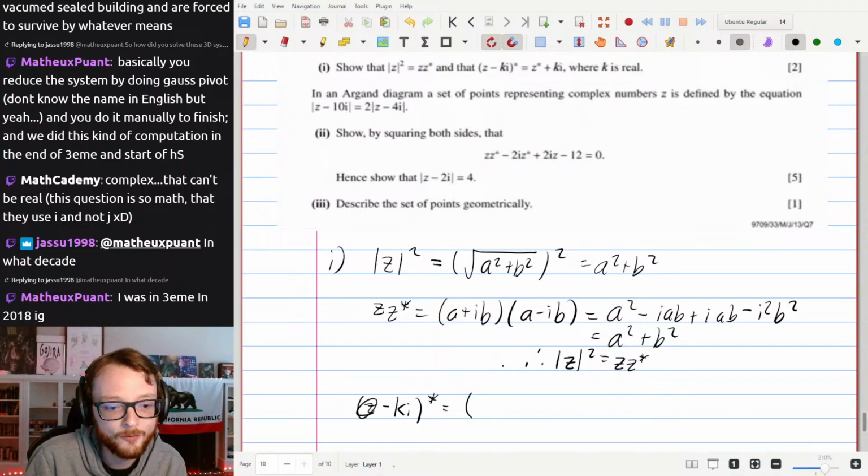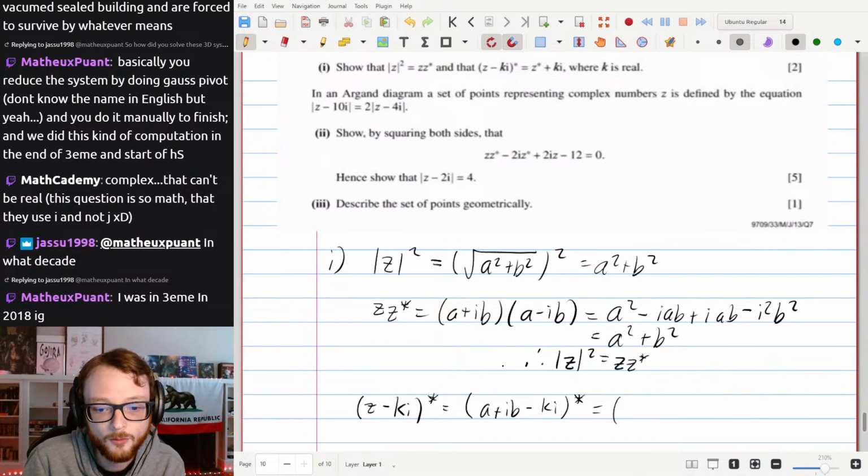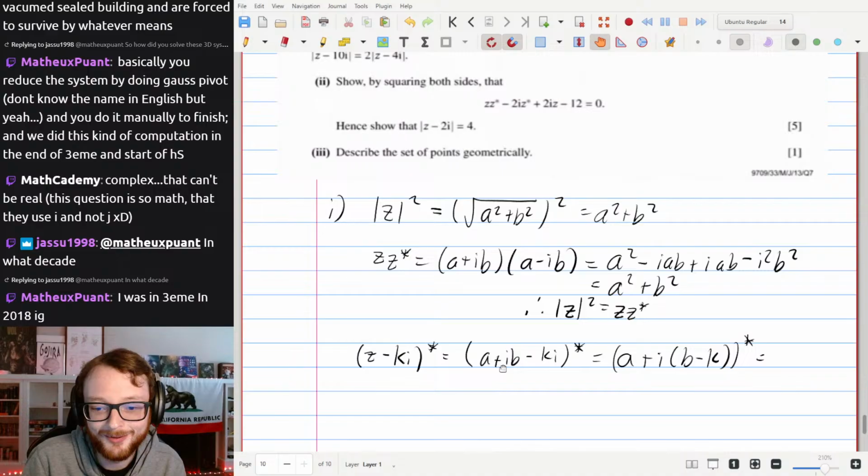Anyway, z is a plus ib minus ki star. And now, let's factor the i out from those two terms. So we get b minus k, star. There's a more general version of this that you can prove that's better, but we can do this. And now this looks like just a normal complex number. There's a real part and an imaginary part.